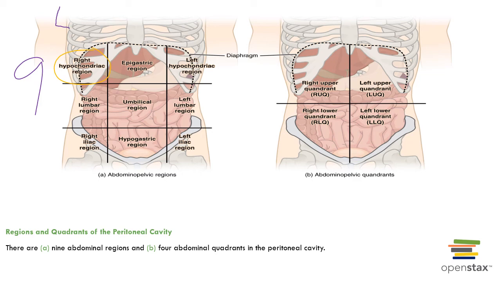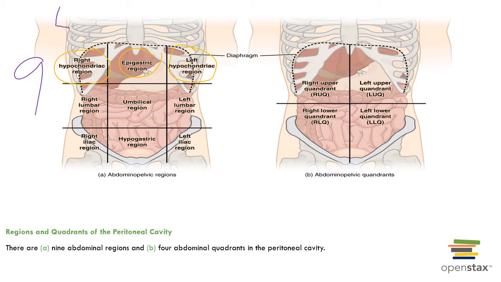So in the right hypochondriac region, we find part of the liver and a little bit of gallbladder. If we move more medial, we have the epigastric region, just above the umbilicus or just above the stomach: epigastric. We have a left hypochondriac region right here. So those are the most superior regions in the abdomen.